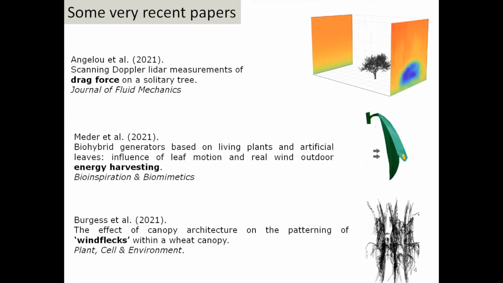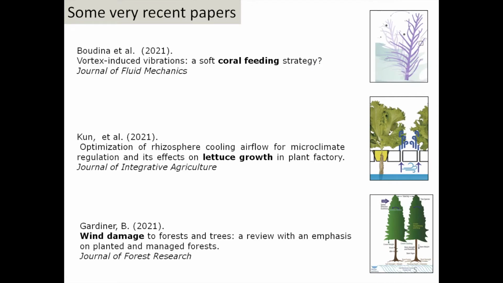The third one is related to a very important issue in photosynthesis, which is sunflecks on the leaves of the plant. What's called windflecks is the way these sunflecks move as the plant moves. This has a very important influence on photosynthesis and the thermal aspects of the plant, which is again a different kind of journal and a different community.